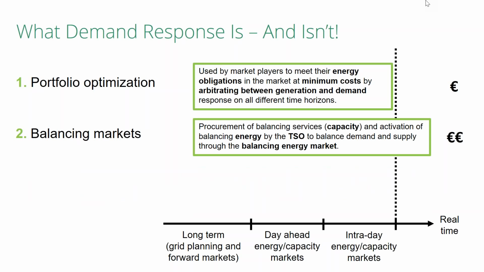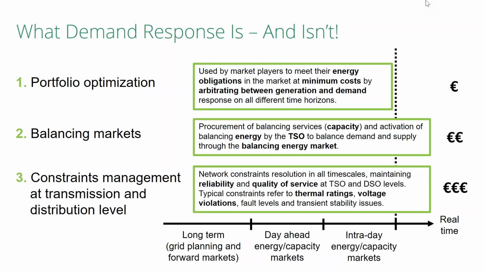Within this segment we can include capacity contracts or interruptibility contracts. And the third tier are the constraints management and markets at transmission and distribution system level. So these are special markets to ensure the reliability and quality of service of the grids.